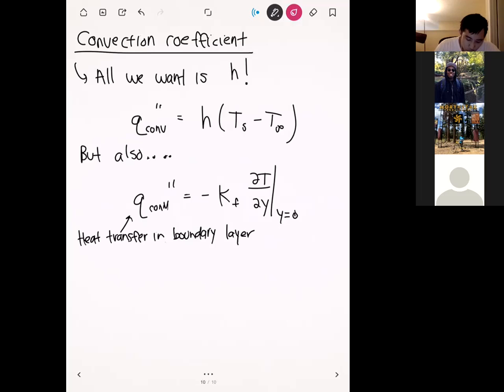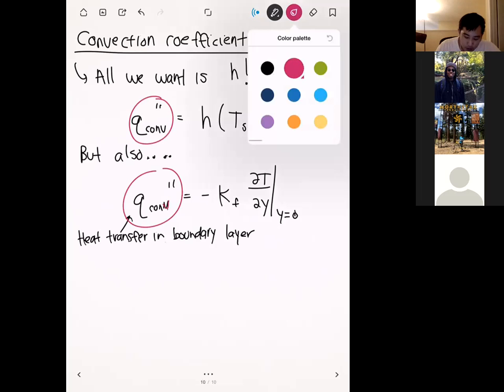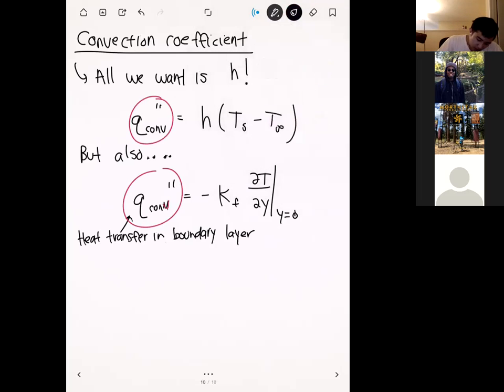Okay. And so what I'm going to do is say that, since both of these equal Q convection, I'm just going to set them equal to each other, and then I'm going to solve for H. All right. And so on one side, we have H times Ts minus T infinity. Okay. And this is equal to minus Kf dT/dy at y equal to 0.